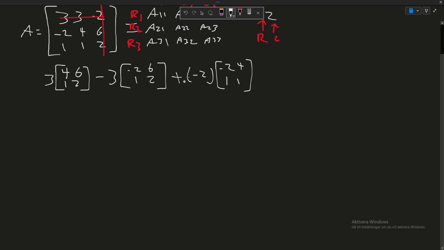And now remember, we're going to calculate the diagonals. So for this, we have 3. We're going to take 4 times 2, the diagonal here, and then we're going to subtract the diagonal here, 1 times 6. So it's going to be 4 times 2, 8. Then you're going to subtract by 1 multiplied by 6, which is 6. So let's say this was a negative number, this would end up being positive.